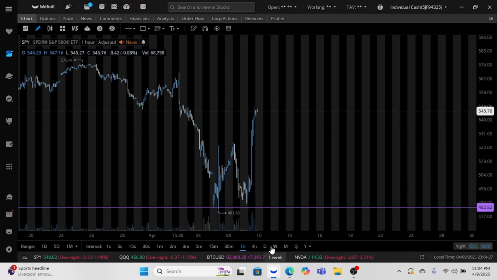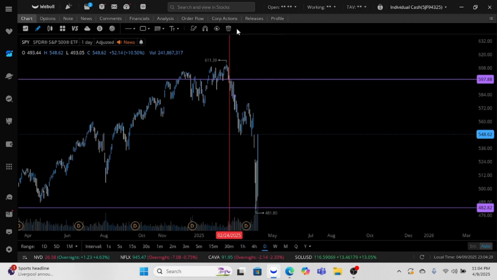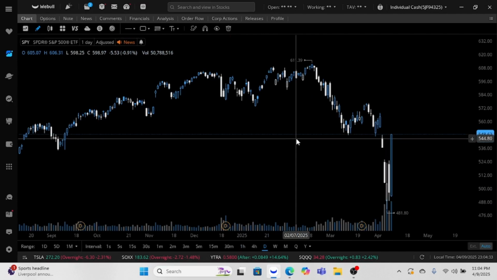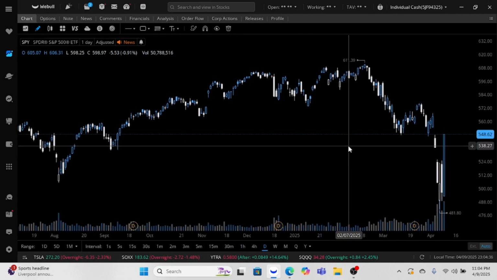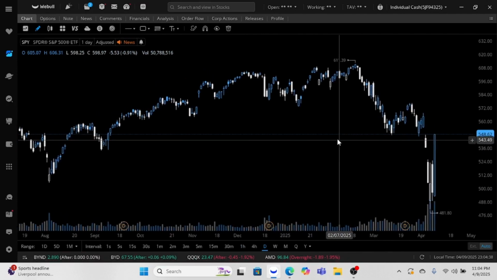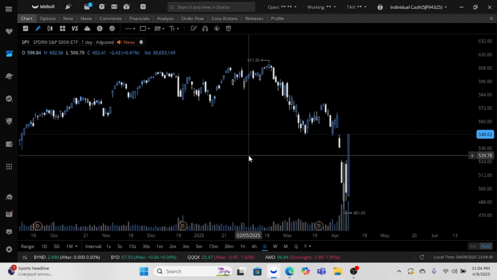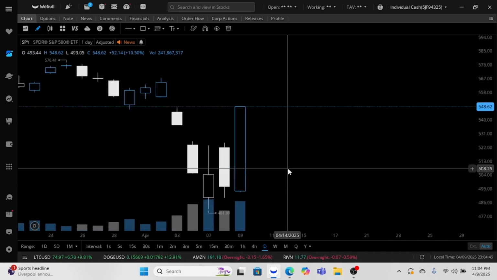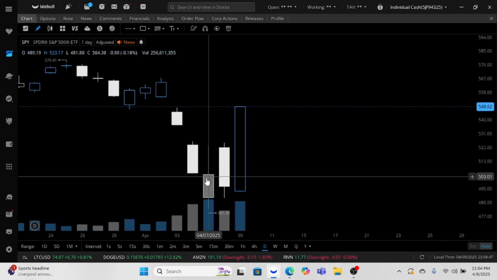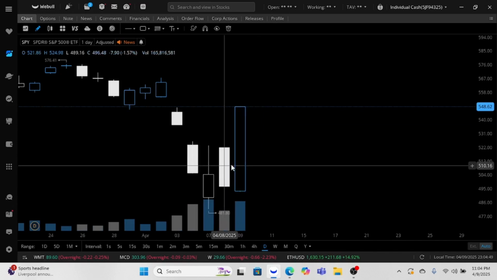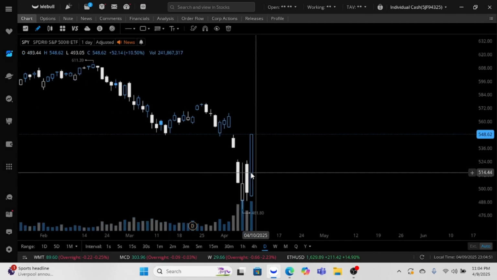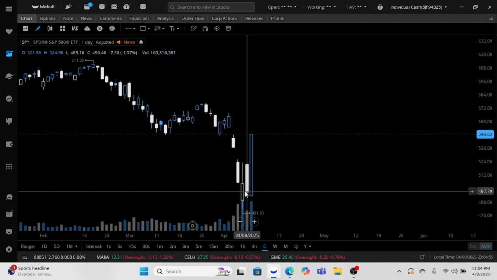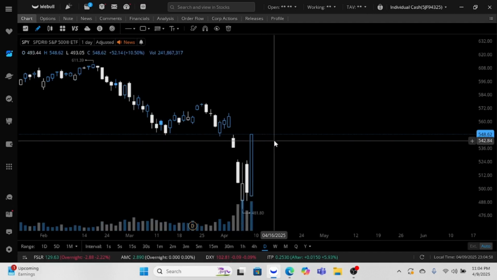I'll go to a daily chart. Crazy times we're in. Crazy times we're in. These last 3 days, for those of you who haven't been trading for a while, this is probably not of much significance to you, but for those of you that have been trading for a while, you know this amount of moves is not normal.